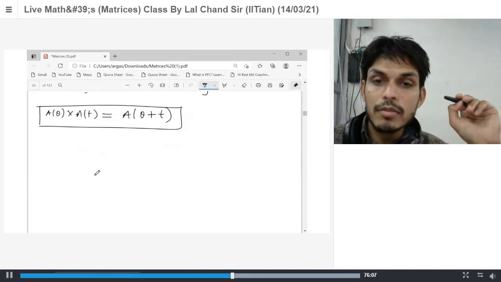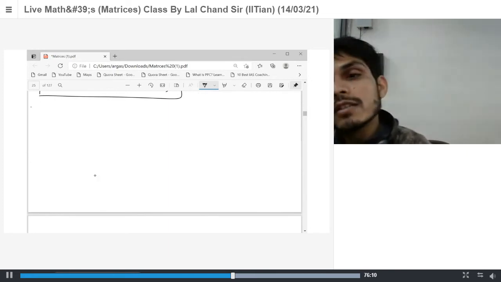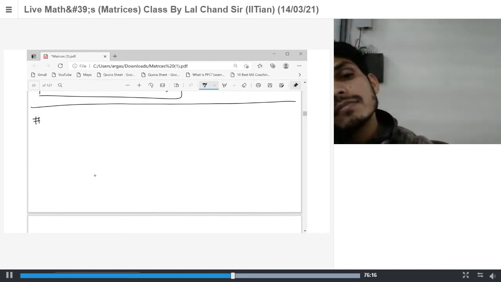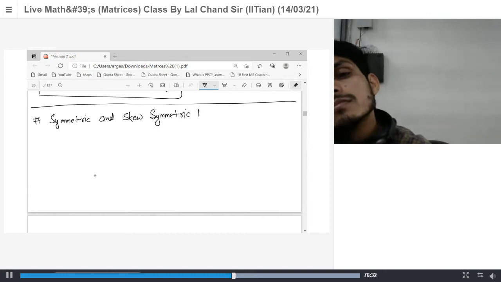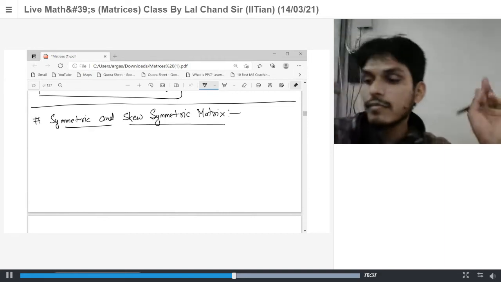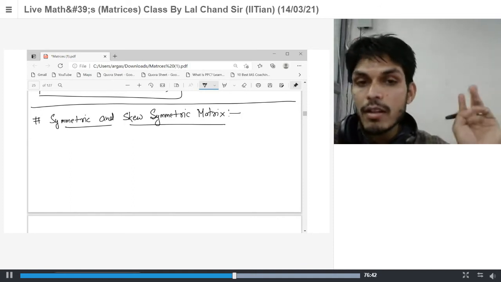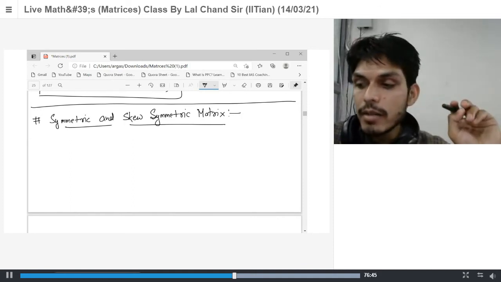So let us try to solve a few more problems. Let us define two more things. The second thing is symmetric and skew symmetric matrix. So what do you mean by symmetric and skew symmetric matrix?